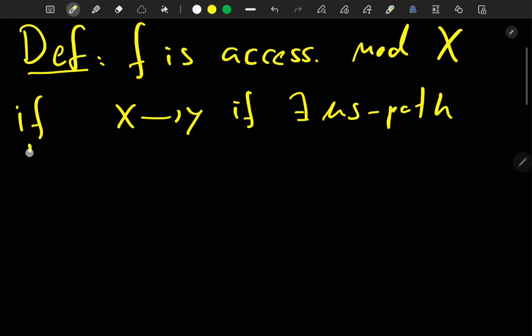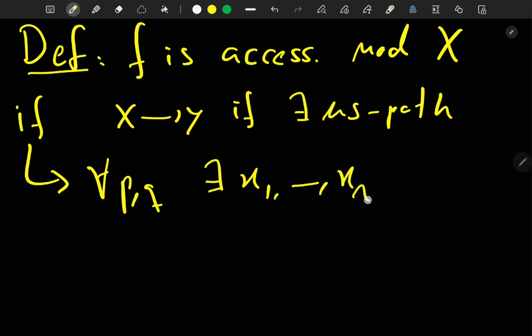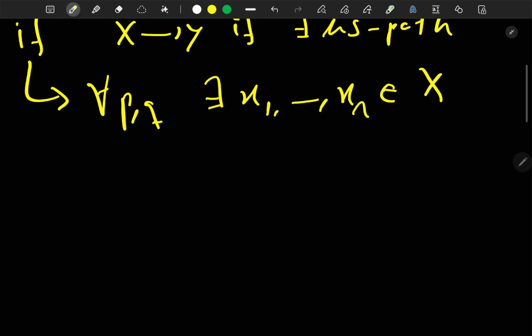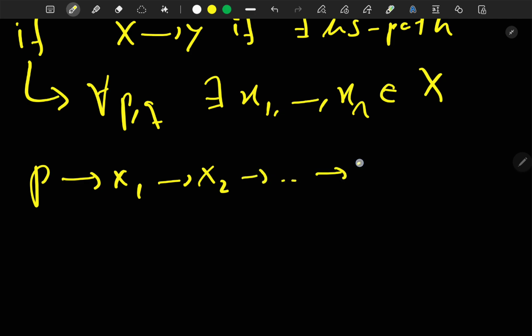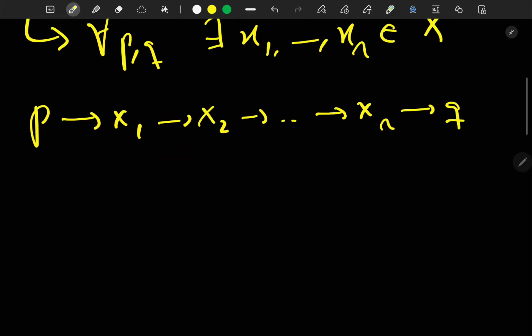So it's accessible if for every p and q, we have a finite number of points on the set x, such that we can join p to x1 by a US path, and x1 to x2, and so on until xr, and then we join with q.